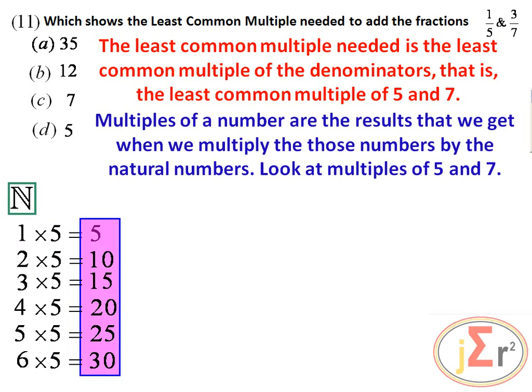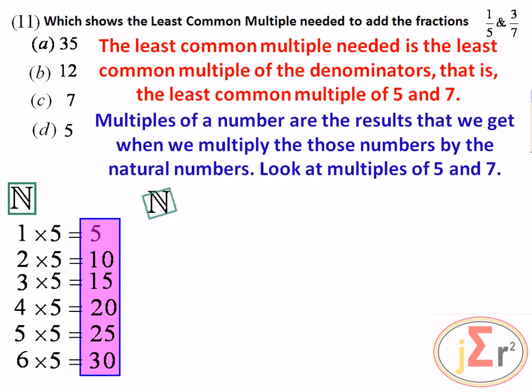And we have the natural numbers like 1, 2, 3, 4, 5, and 6. If we multiply those natural numbers by 5, what we get will be multiples of 5. They will also be multiples of those natural numbers, but we are focusing on the multiples of 5.